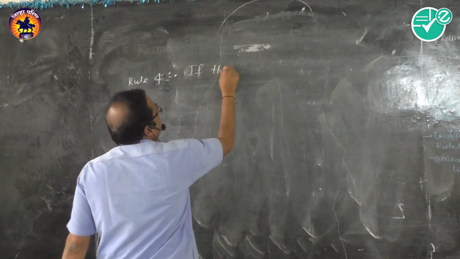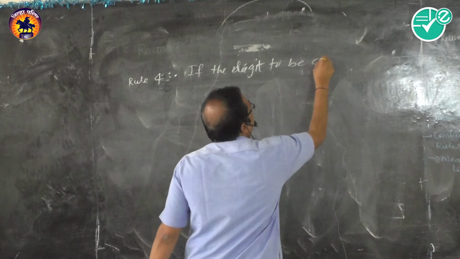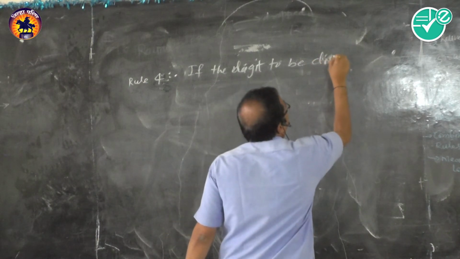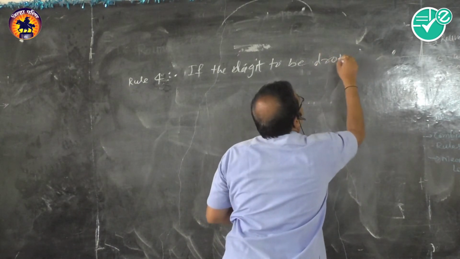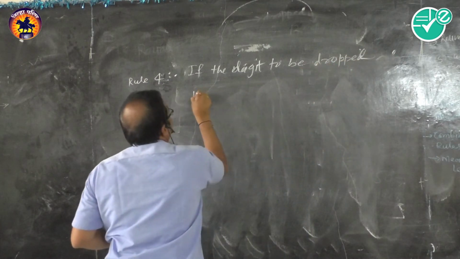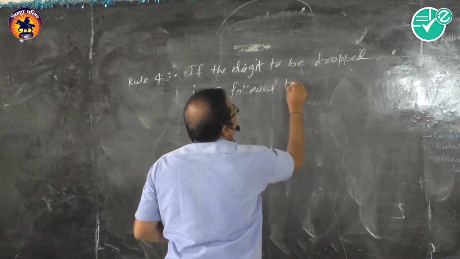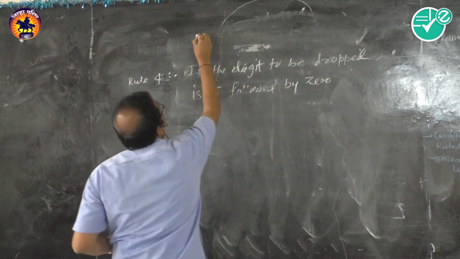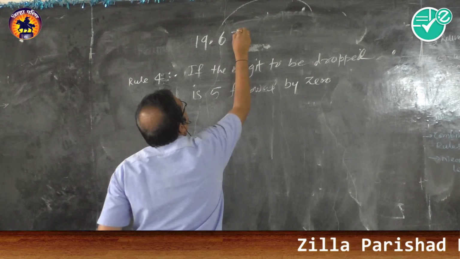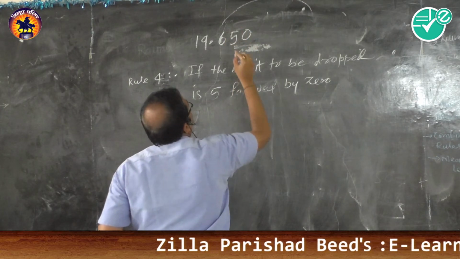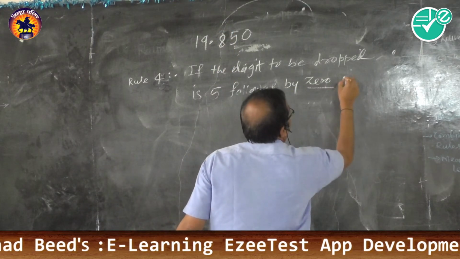If the number or digit to be dropped or discarded is 5 followed by 0, so let us write a number 19 point, suppose 650 or 850. Any number you can write, followed by 0.